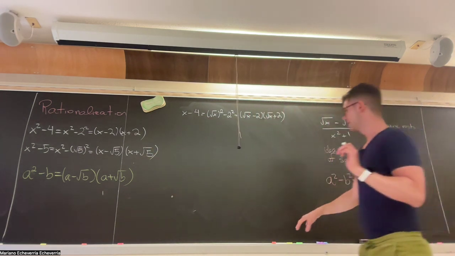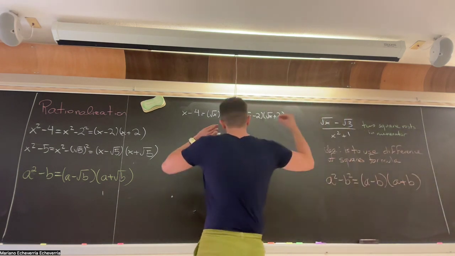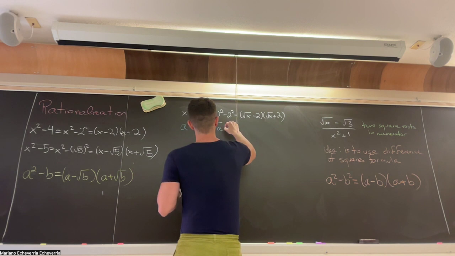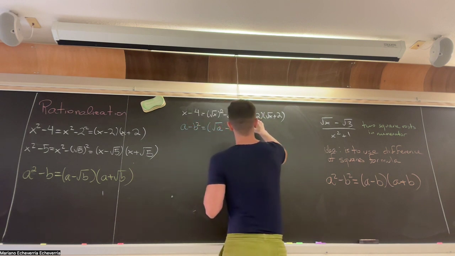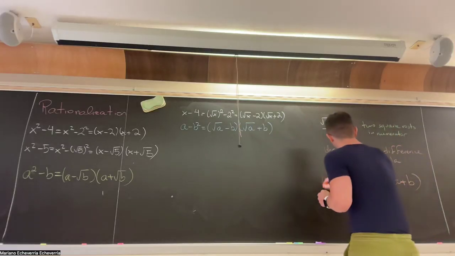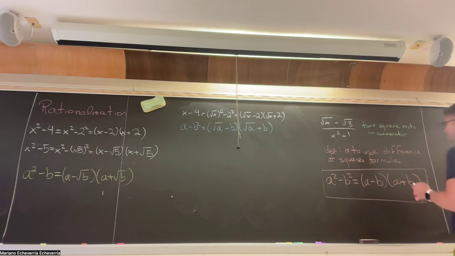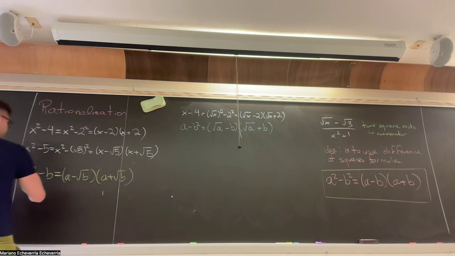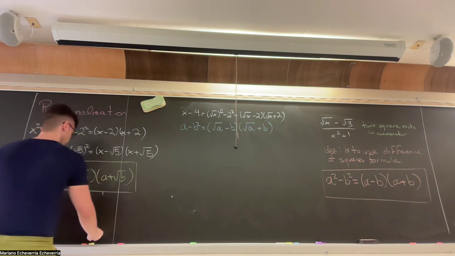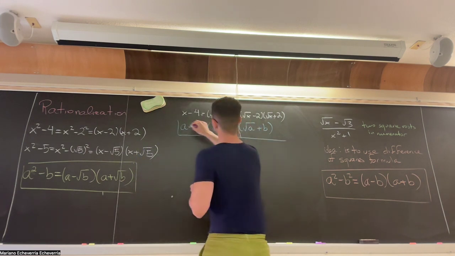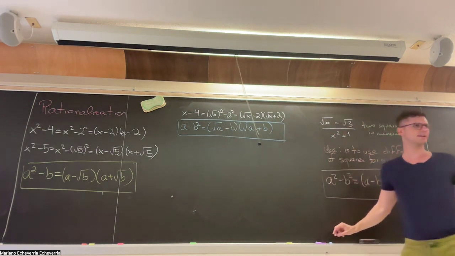So by analogy, the difference of squares formula in this case looks like a minus b squared equals root of a minus b times root of a plus b. All I'm saying is that these two are basically the same idea as the original difference of squares formula, just rewritten in a slightly different way. Is that making sense?